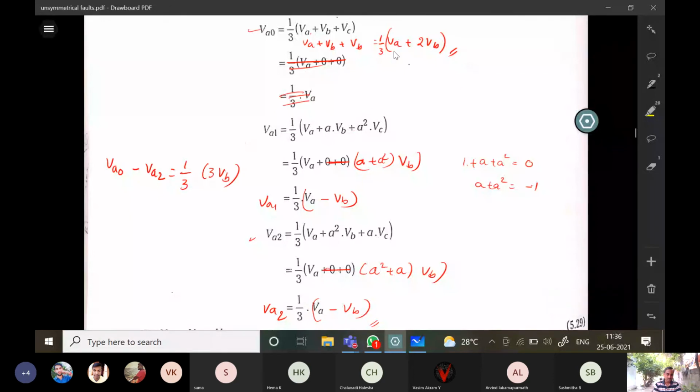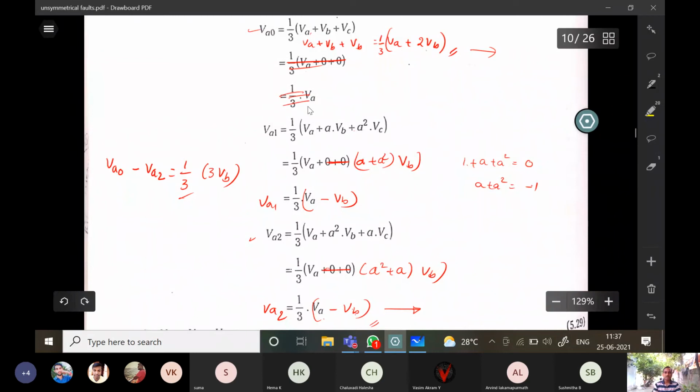So you compare this expression and this expression. 1 by 3 is common in both cases. Right? 1 by 3 as it is. VA minus VB is there. Here VA plus 2VB is there. Okay. So VA0 minus VA2: minus into minus is plus. So VB plus 2VB, you will get 3VB, and VA and minus VA get cancelled. Or you can write once again.